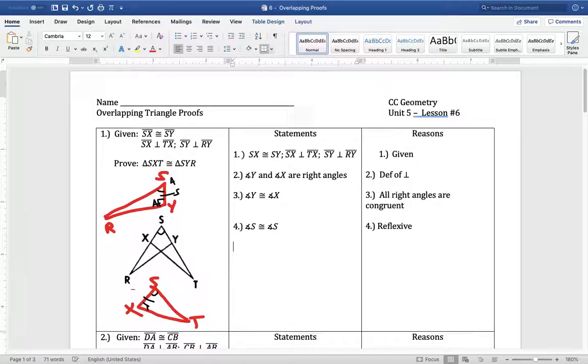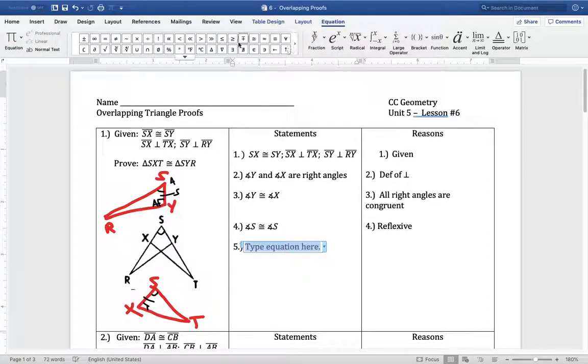So now I can say in step 5 that the triangles are congruent. Triangle SXT is congruent to triangle SYR.